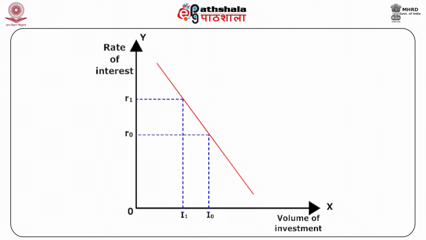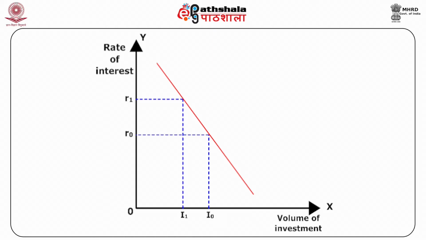By the way, the rate of interest is not determined in the capital market, unlike what the classicals thought. In the case of classicals, they believed that the rate of interest depends upon saving and investment. In the case of Keynesian economics, the rate of interest depends upon money demand and money supply. We have just seen how the rate of interest is determined in the money market.